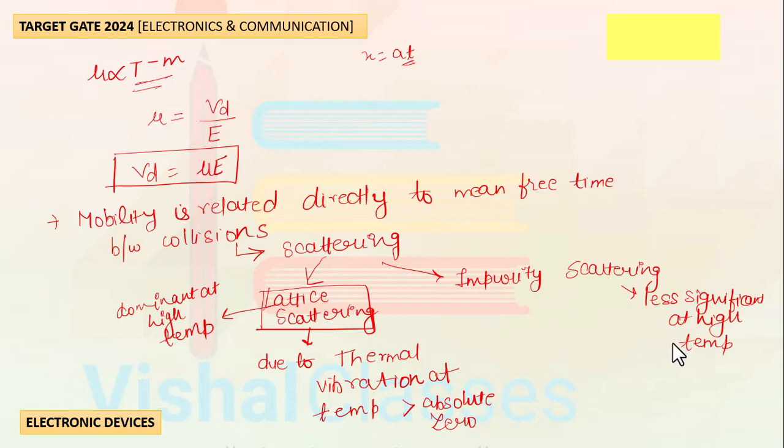What will happen at high temperature? At high temperature, carriers move faster and do not remain near the impurity atom, thus they are scattered less. Okay.